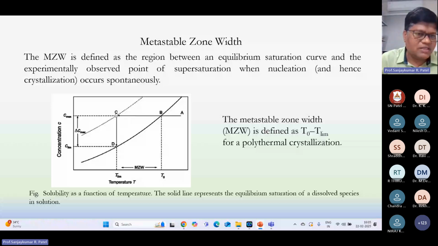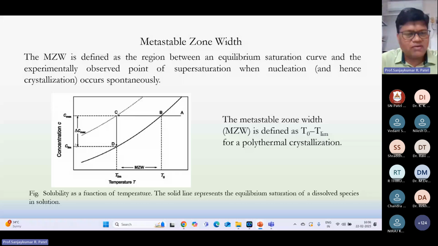Or you can say the change in maximum concentration available for crystal growth to occur is nothing but this delta C max. This concentration will then be utilized for the growth of the crystal. So if I need proper control on the crystal growth, I should have control on this delta C max.